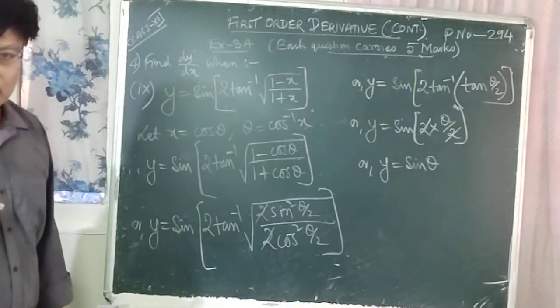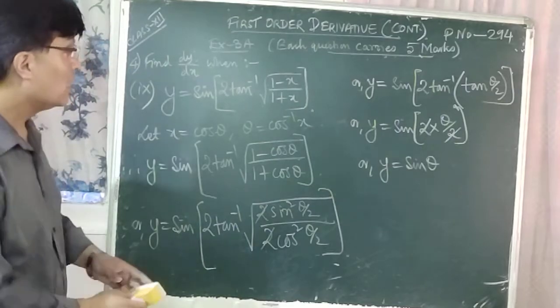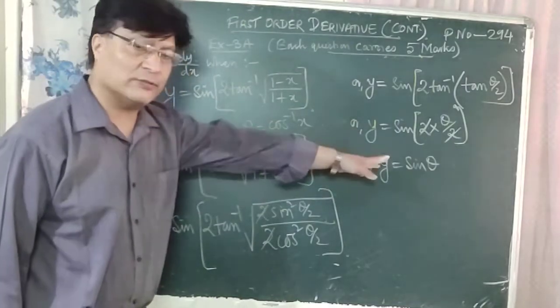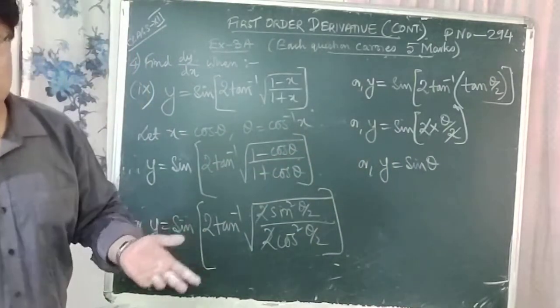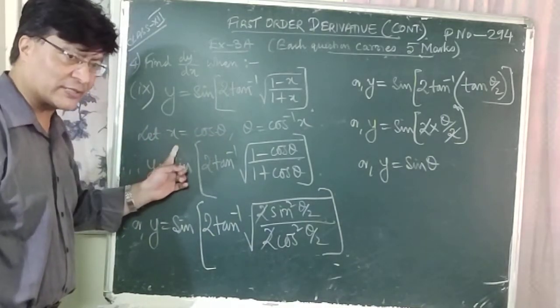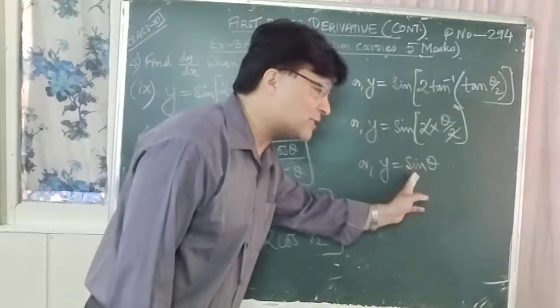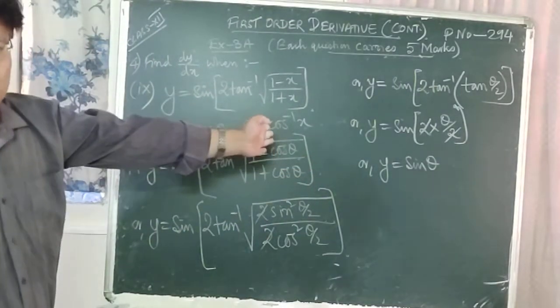So this is the simplified form, that is sine theta. But don't put theta is equal to cos inverse x. This is not your simplified value of y. But you know cos theta is equal to x. So if you can express this sine theta in terms of cos theta, then you can put cos theta is equal to x easily out here, isn't it?